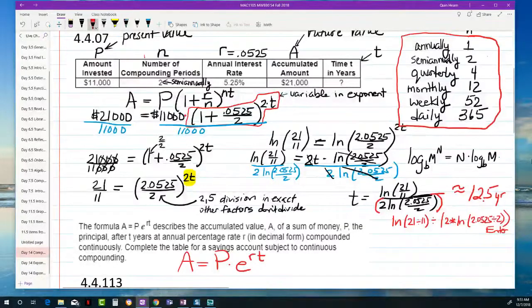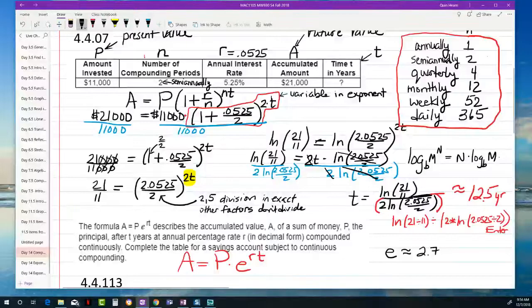rt. And I don't know if you remember, but e is just a number like the number pi. It's an irrational number. You can't write its exact form because it's a non-repeating infinite decimal, but it's about 2.71 or 2-ish.